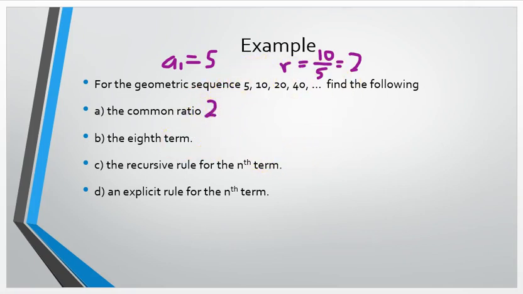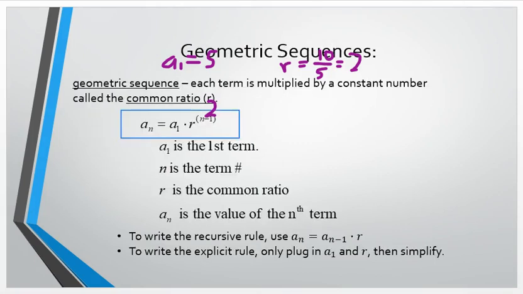Now to find the 8th term. Well, for finding a specific term, the best way to do this is to use the explicit rule that I have here. So for the explicit rule, we're going to say that a sub 8 equals, we said that the first term is 5, and that our r value is 2.